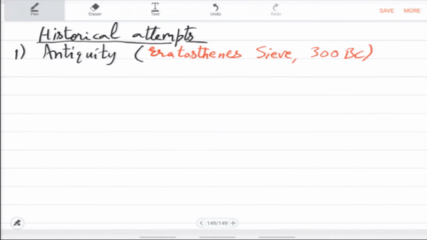So what you do is, the algorithm is just divide n by 2, 3, 5, so primes up to square root n.